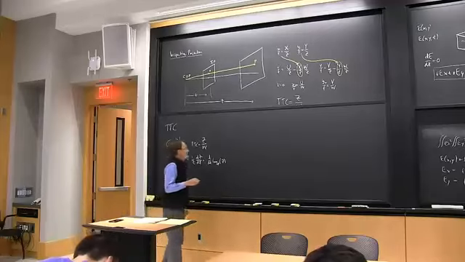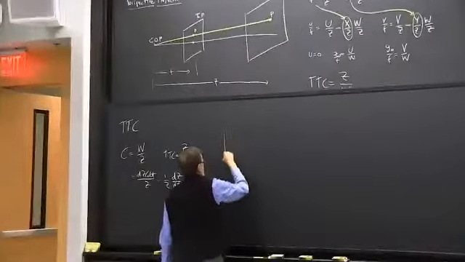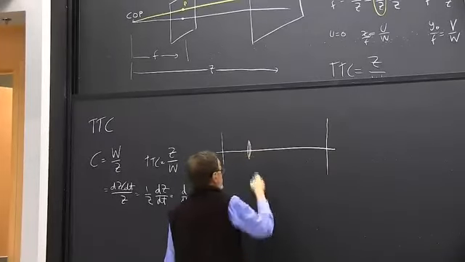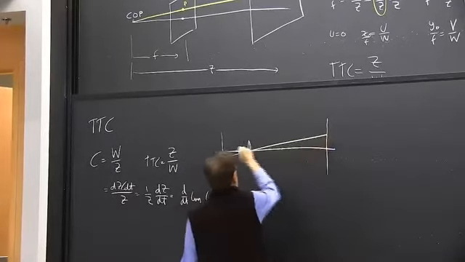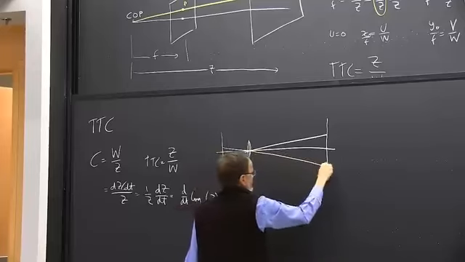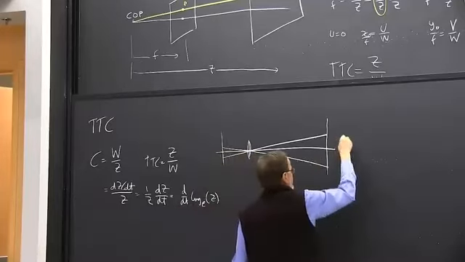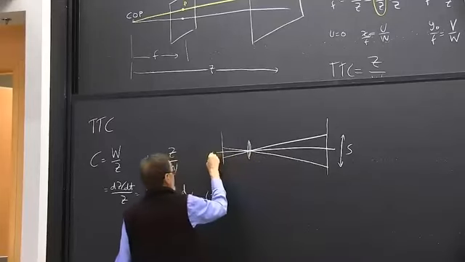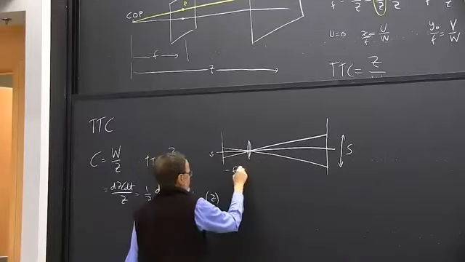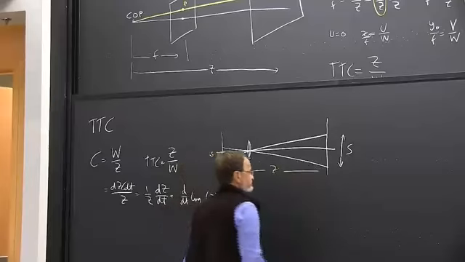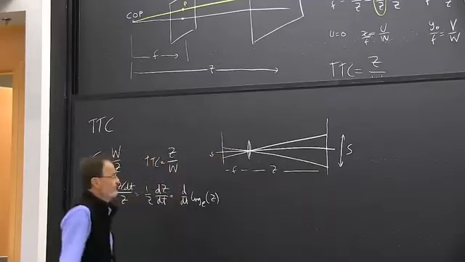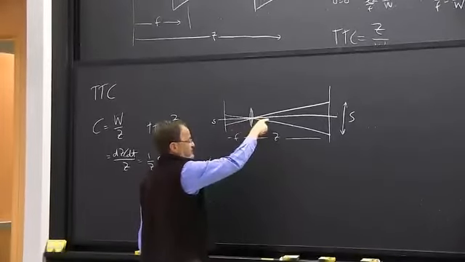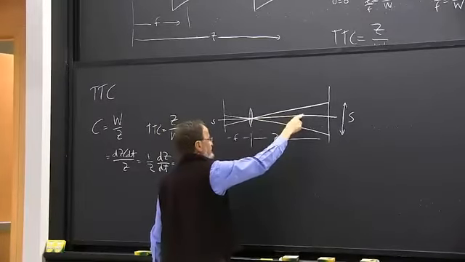And now another way to think about time to contact is in terms of image size. So suppose out here is some object in the world of size big S, and here is its image of size little s. Then I can write an equation relating those quantities based on the similar triangles.